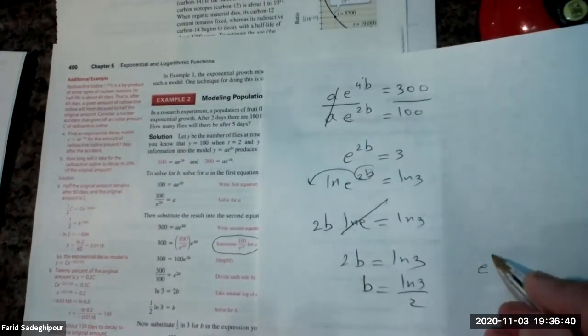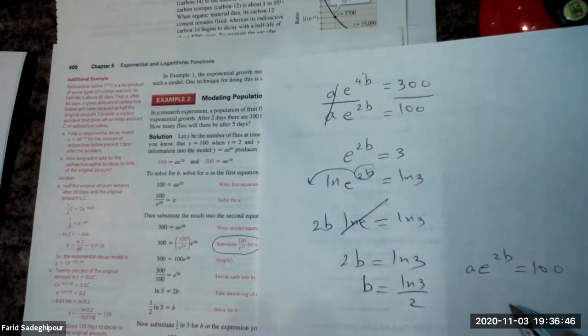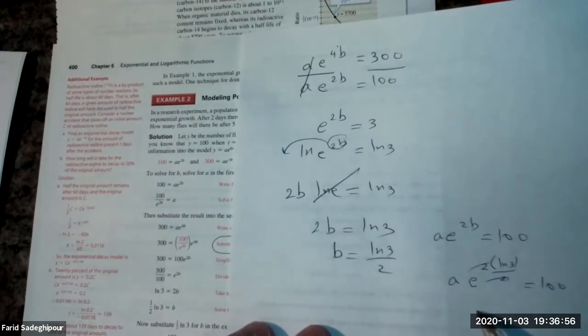And when you find b, then you could take one of these equations, like a e to power of 2b equal to 100, right? So a times e to power of 2 times natural log of 3 over 2 is 100. In this equation the 2 and 2 cancel. So it's a e to power of natural log of 3 is 100, right?